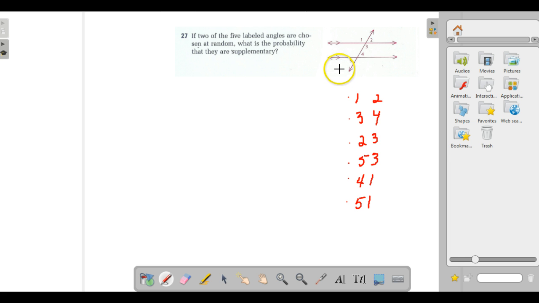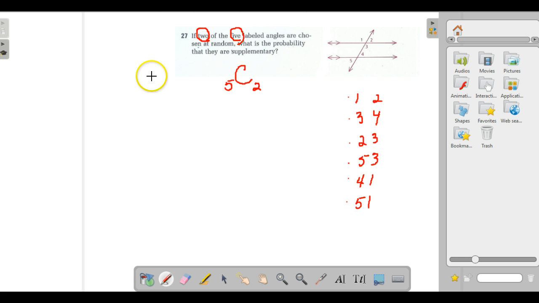And now we have to try and find what are all the possibilities of choosing 2 out of the 5 angles, because we could choose many, not just these supplementary combinations. There's many other ways to choose 2 out of the 5. And we call that a combination, and we usually write it like this: the number of ways to choose 2 things out of the 5.